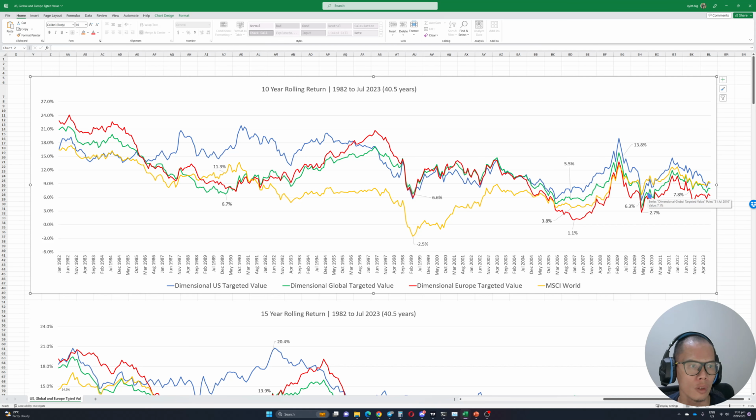Not sure whether it's due to the financialization of all these funds and ETFs that it tends to lead to things like that. But what you'll notice is that Europe is not doing as well. If you look at these returns, 4.7%, 7.8%, 4.7% is low over here, and these are higher. This line is probably 6%.